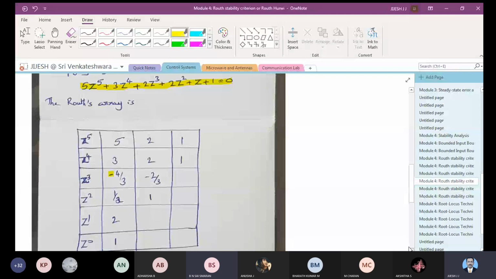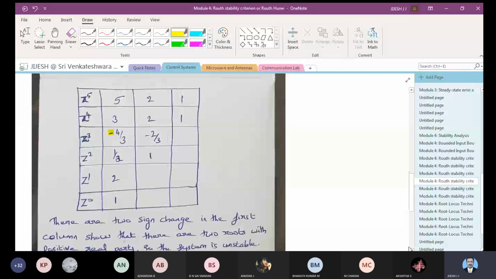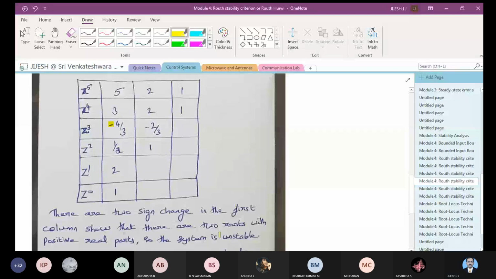So there are two sign changes in the first column, so there are two roots with positive real parts. So the system is unstable.